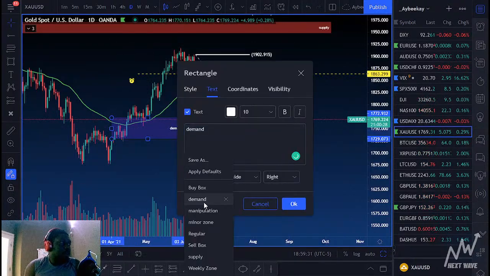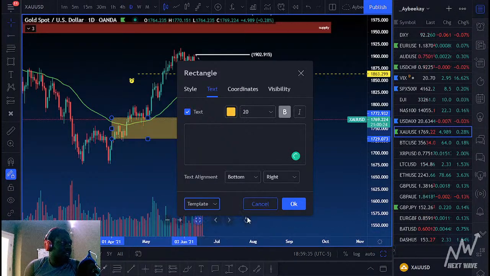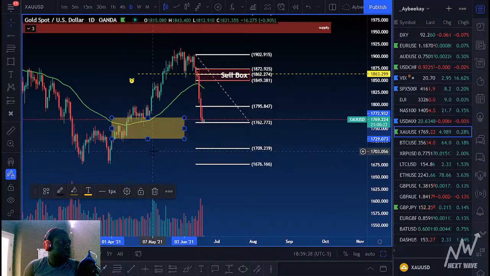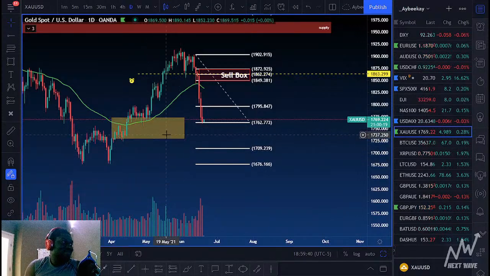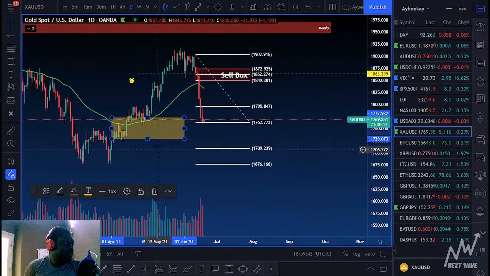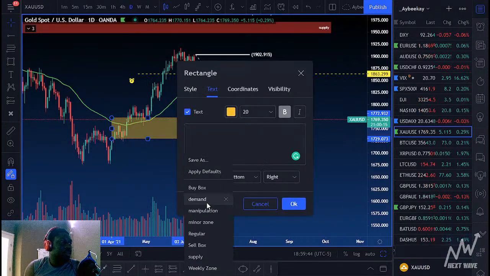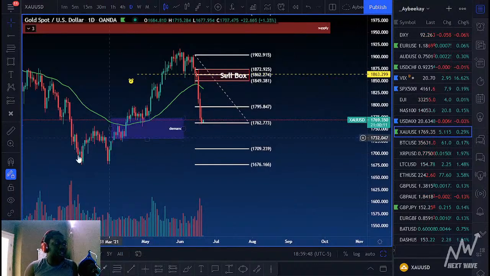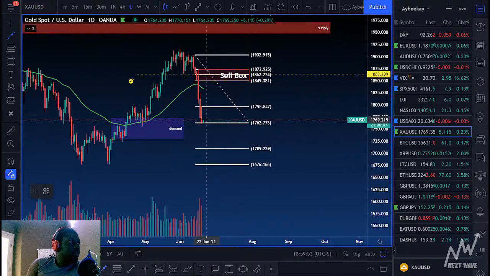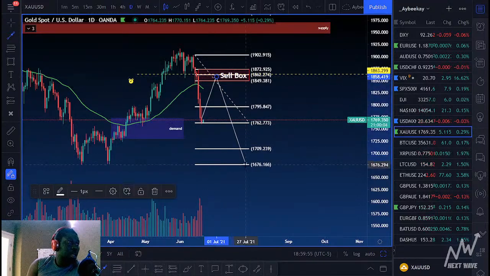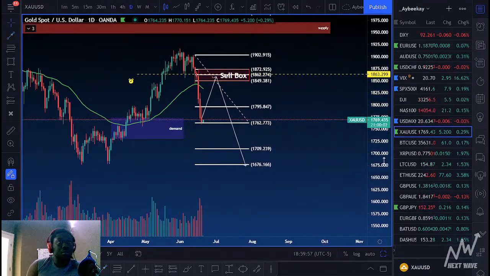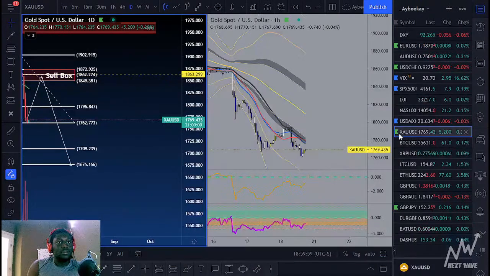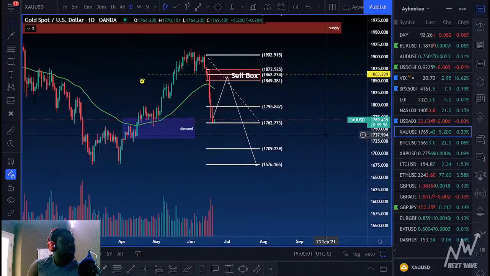Instead of making a demand right there, I could, well, that's kind of what I'm looking at. I could have it like this, where it's just like that. No, I like it better the other way. That's just me. I'm going to have to make a certain something later. But anyways, overall, if price stops here, that's where I would like to go. Continuation. I'm not in gold, fortunately.